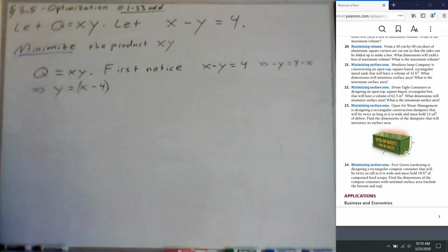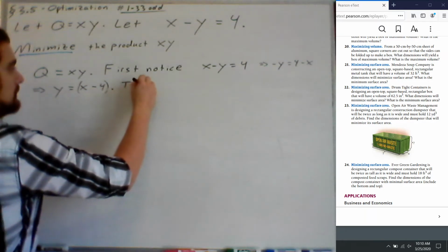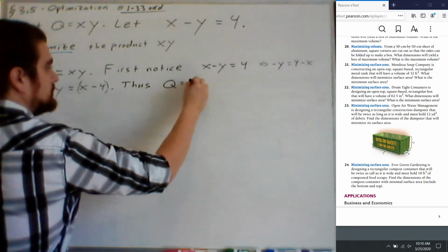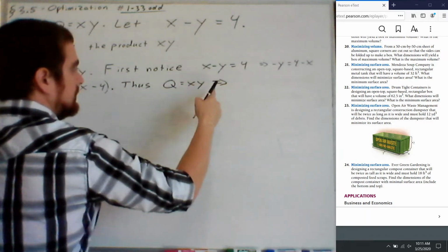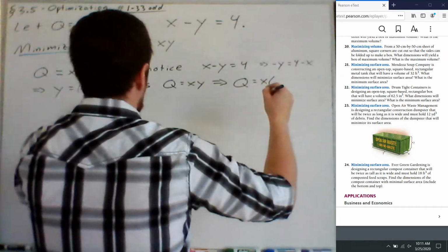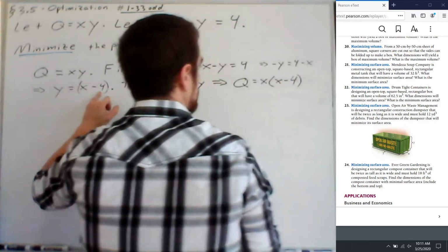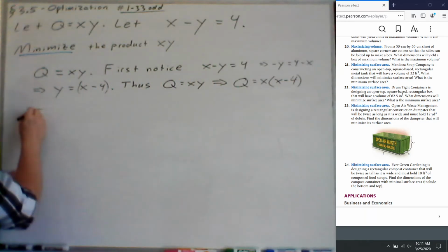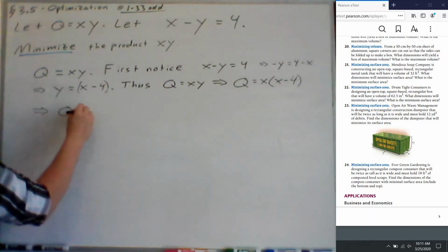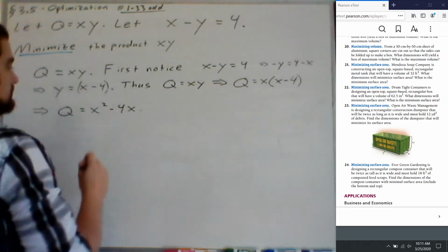So this is what I want to use in order to replace in my function. Thus, q equals x times y is the same thing as q equals x times x minus 4, which means that q is equal to x squared minus 4x.